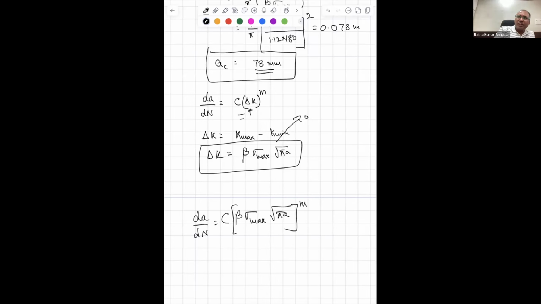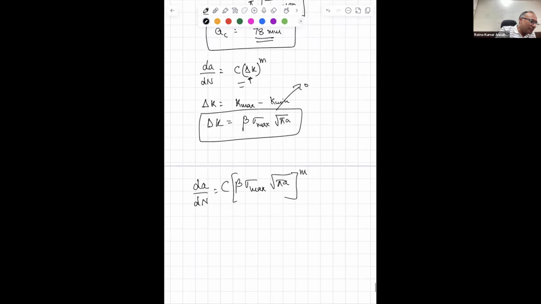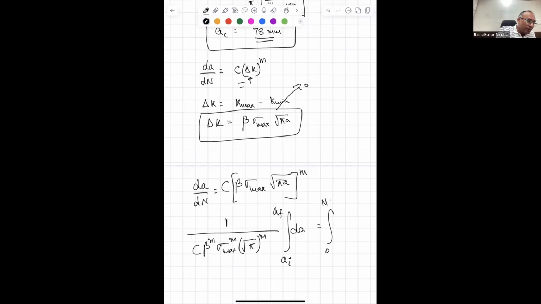Now, if I integrate both sides, what will happen? dA divided by C beta power m sigma max power m root pi whole to the power m. Integral A initial to A final dA is equal to integral 0 to number of cycles to failure dN. Can I do that?